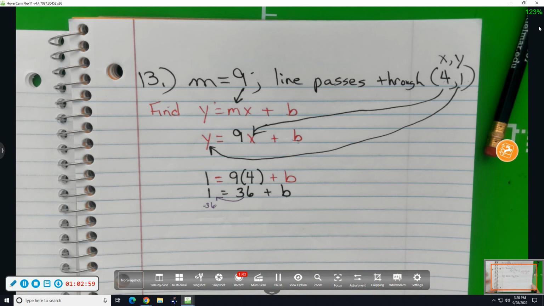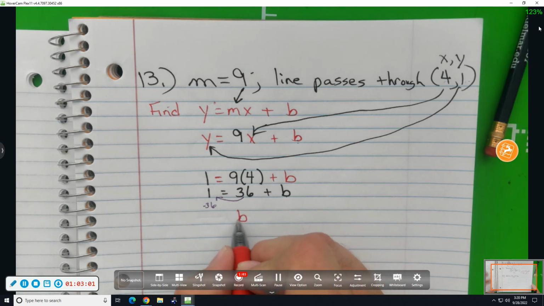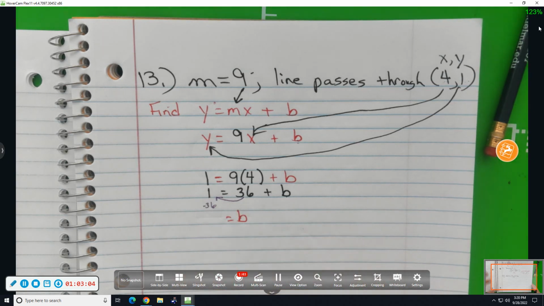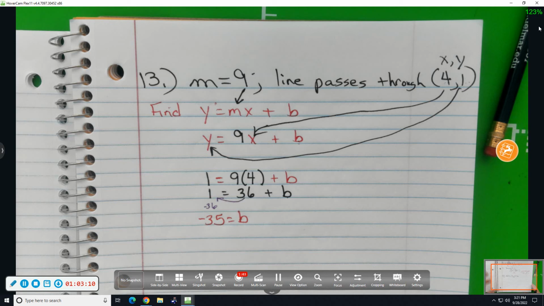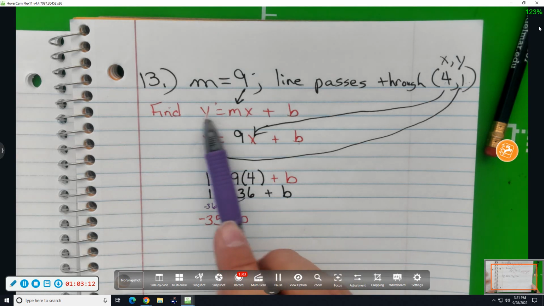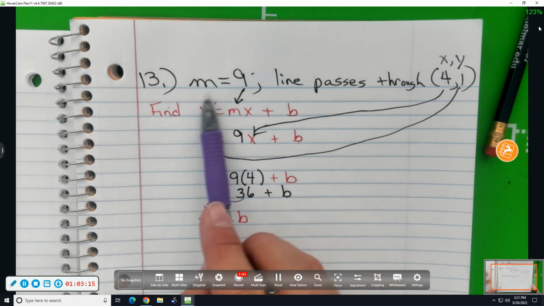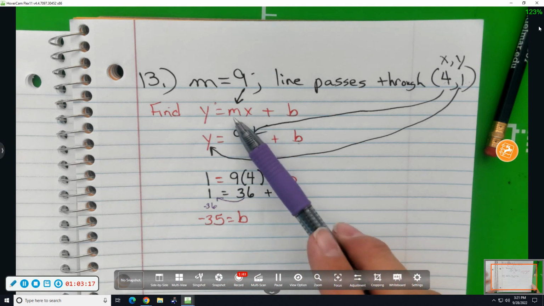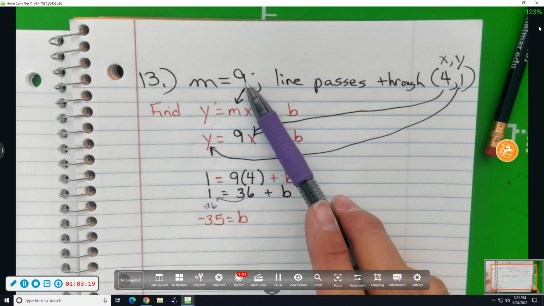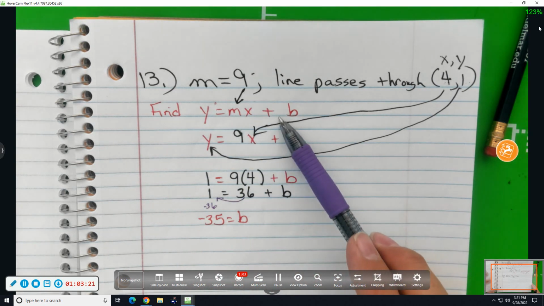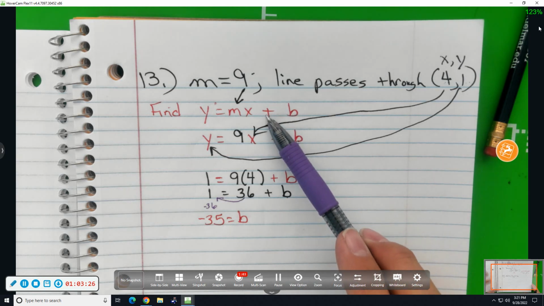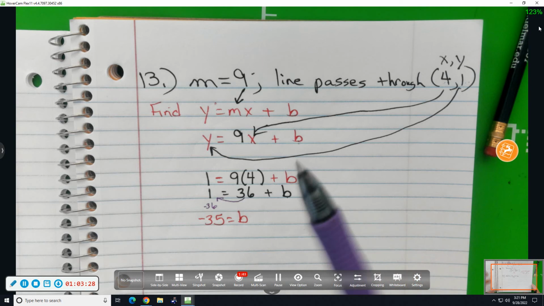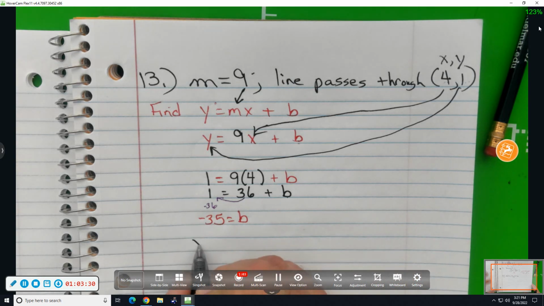So what number are we getting for b? 1 minus 36 is negative 35. So our answer is going to be this equation, y equals mx plus b. In place of the m, you put the 9. What am I going to put here in place of this plus b? I'm going to put a minus 35. So here's the answer we're going to type in.